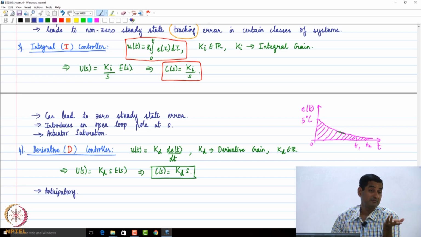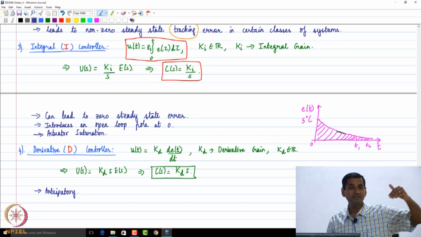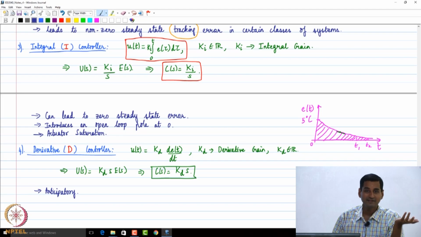As was said, if the error is going to increase a lot, it may take action now itself, so that it will not allow the error to increase beyond a certain limit. If we know that the error is on a downward trend, then I will progressively reduce the control input. Why should I do that? Control input has to do with cost, ultimately, in real life.